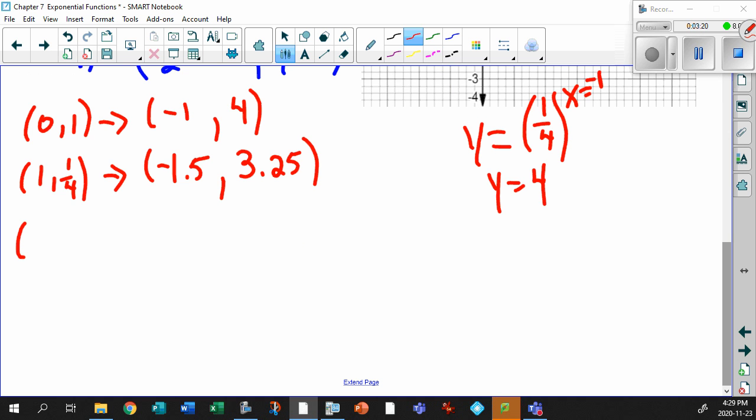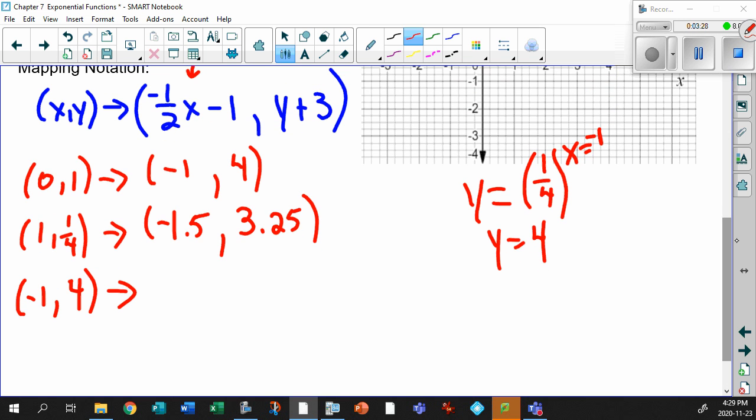At -1, this is going to be +4. Let's see what our mapping tells us that's going to happen to this guy. Okay, so -1 times -1/2 gives you a +1/2 -1. This is going to be -0.5. 4 plus 3 is going to be 7.